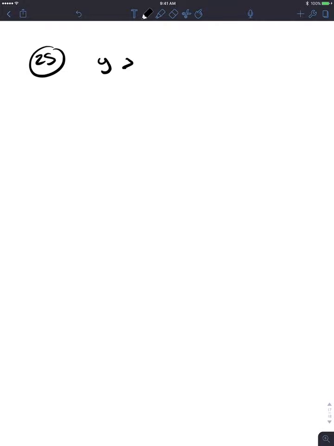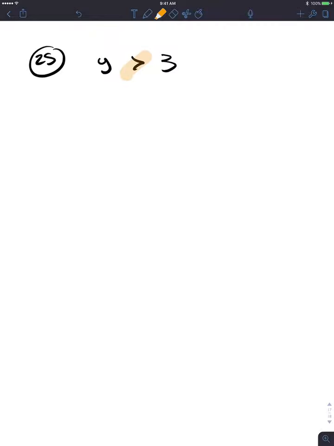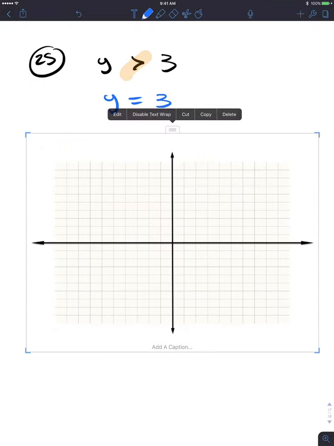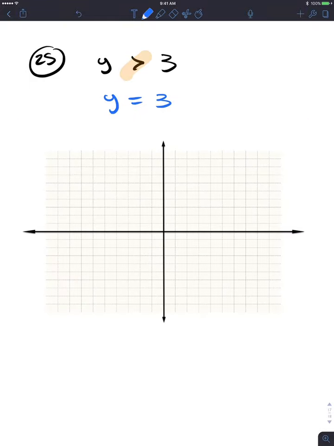y greater than 3. This here is a strict inequality, so we're going to use a dotted line. We're going to start by graphing y equals 3.